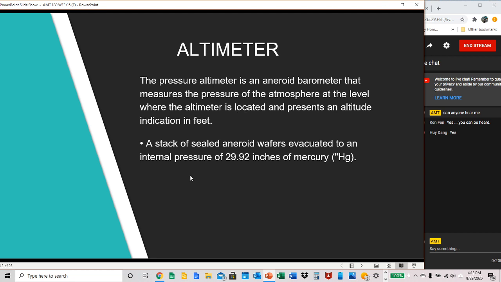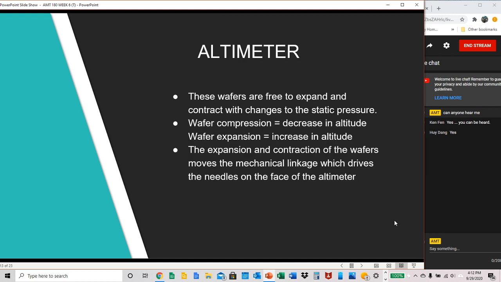An altimeter is a stack of sealed aneroid wafers evacuated to an internal pressure of 29.92 inches of mercury. The wafers within this aneroid are free to expand and contract with changes to the static pressure.